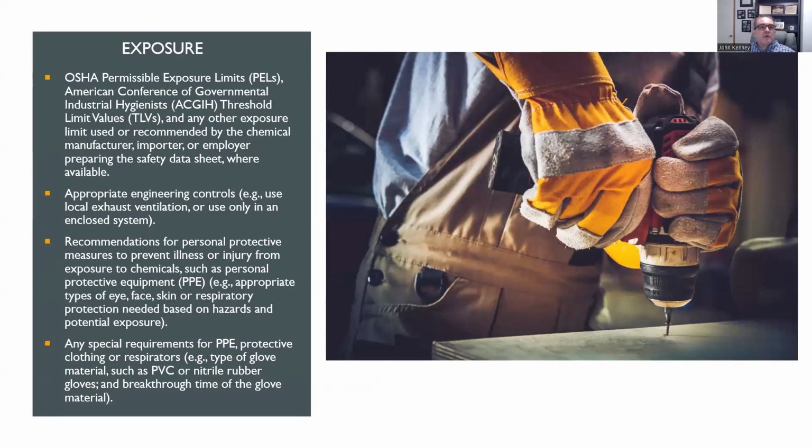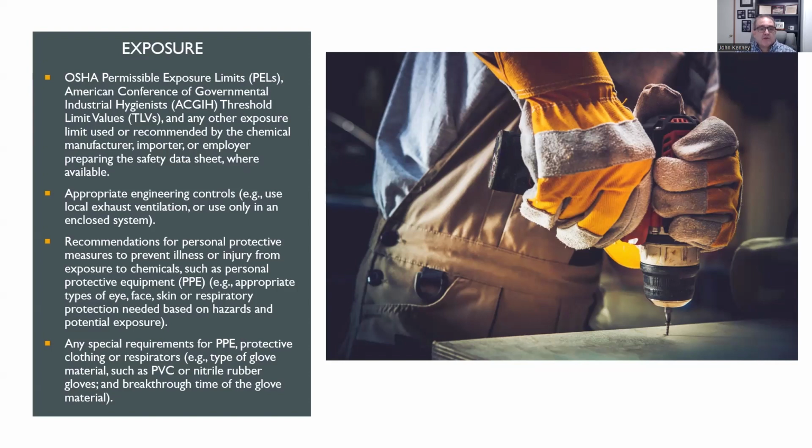Exposure. OSHA permissible exposure limits, American Conference of Governmental Industrial Hygienists threshold limits, and other limits as a manufacturer or employer preparing safety data sheets were available. Appropriate engineering controls, for example, use of local exhaust ventilation or use of any closed systems. Recommendations for personal protective measures to prevent illness or injury from the exposure of chemicals such as PPE.